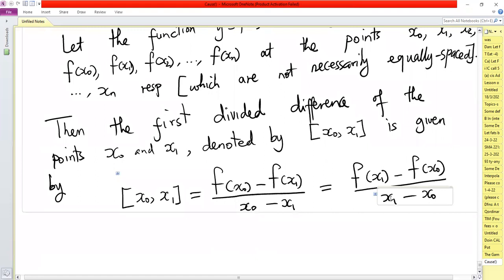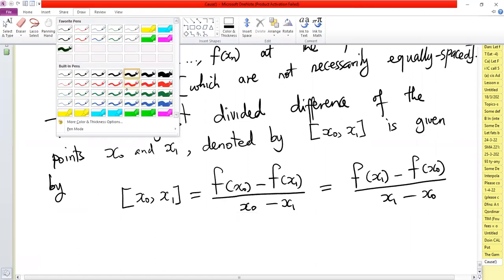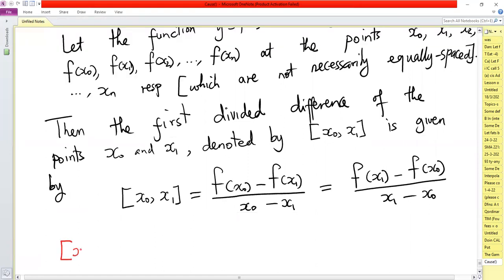Other notations for the divided difference of x0 and x1 include, so we can write it as this, or we can put it in the form, or we can write it as f and then sub x1. So all these are different notations for the first divided difference of the points x0, x1.